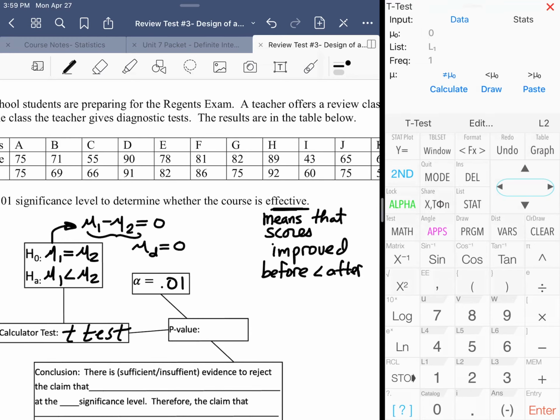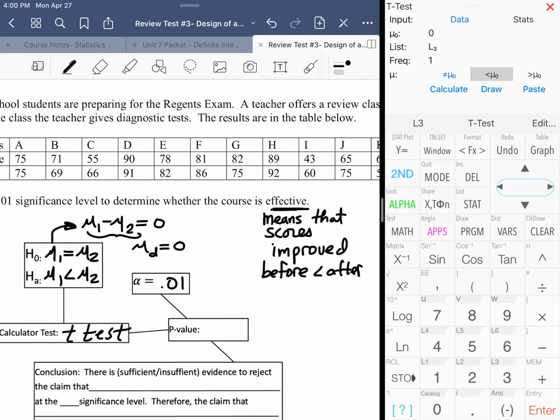We call mu1 minus mu2 mu sub d, equal to 0. Those are the values that are being stored into the graphing calculator in L3. So the L3 values, in order to support the null hypothesis, shouldn't be too far away from 0.